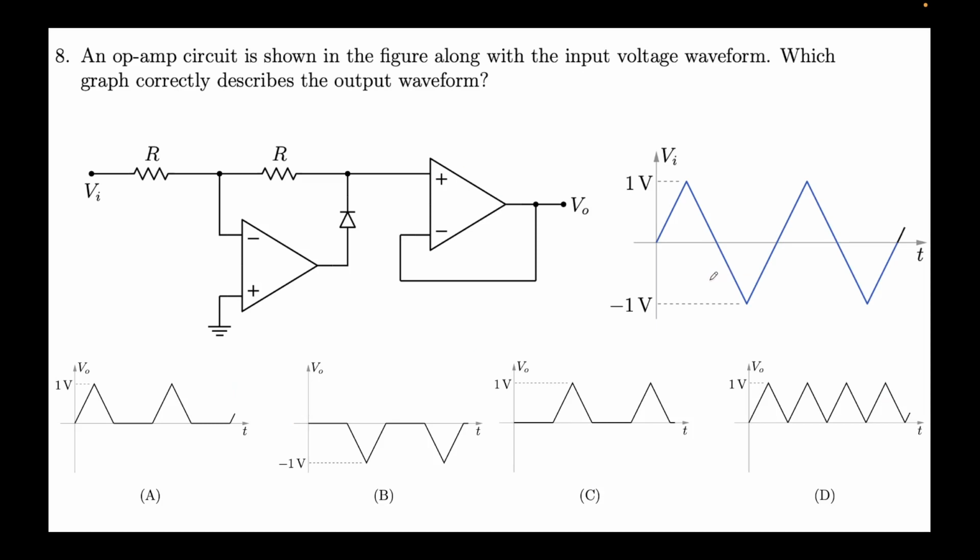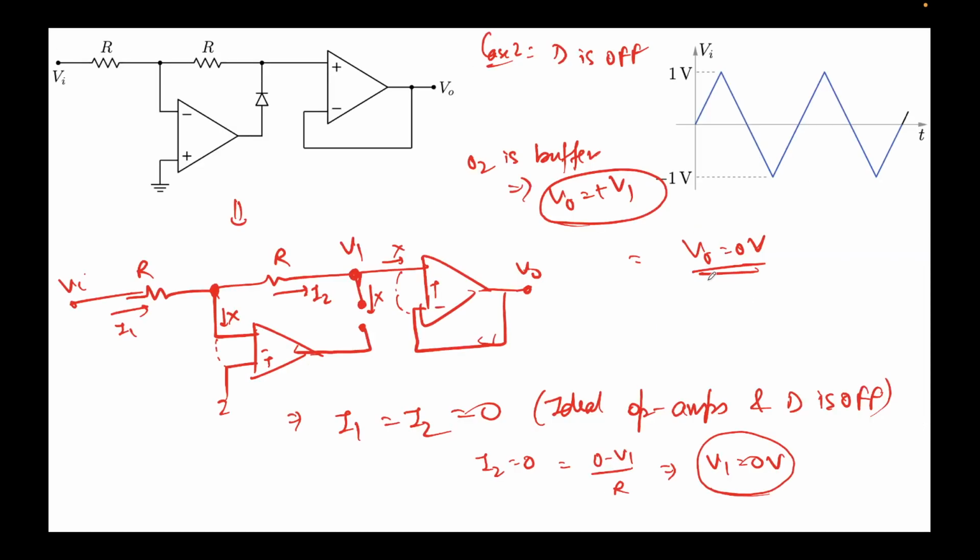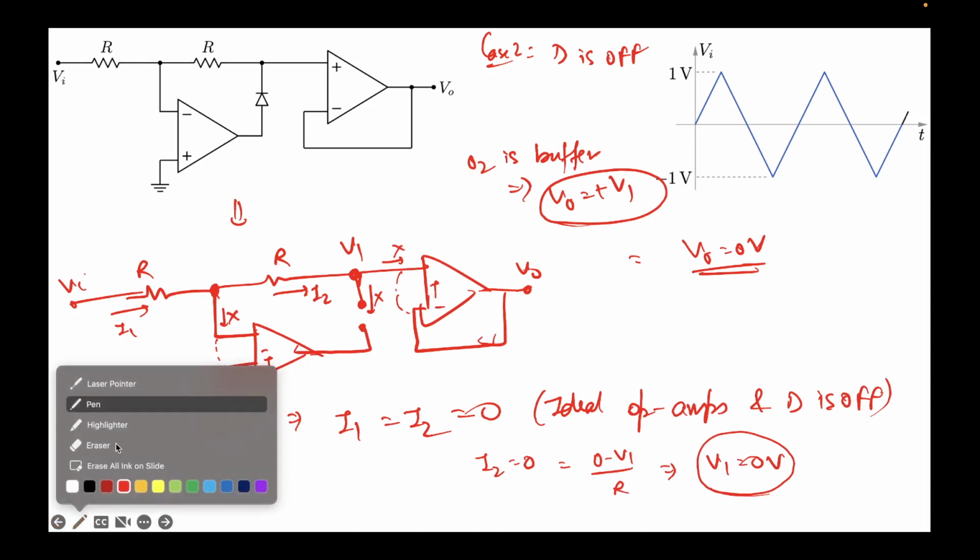So what we have obtained is that, give me a second. So this diode D is off, right? If D is off, whatever current is coming, right? There are two ways of seeing this actually. Let me do this the proper way.